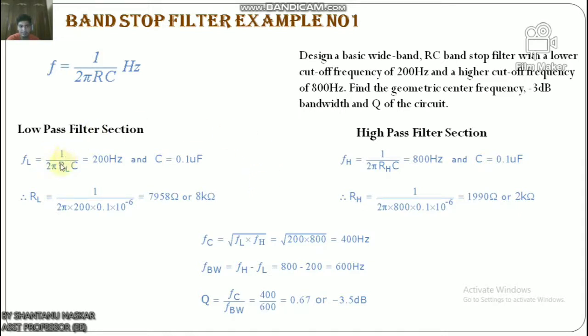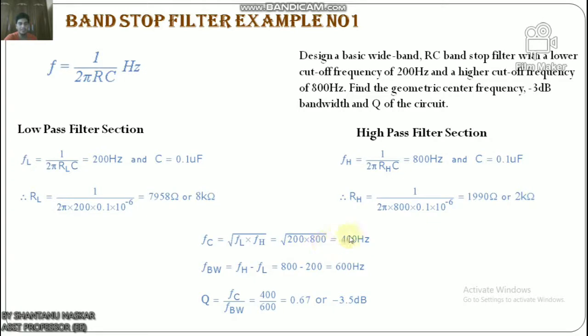FL equals 1 by 2 pi RL C, which equals 200 Hz, and C equals 0.1 microfarad, so RL equals 7958 ohm, which is about 8 kilo ohm for the low pass filter section. For the high pass filter section, FH equals 1 by 2 pi RH C, which equals 800 Hz, and C equals 0.1 microfarad, so RH equals 1990 ohm or 2 kilo ohm.